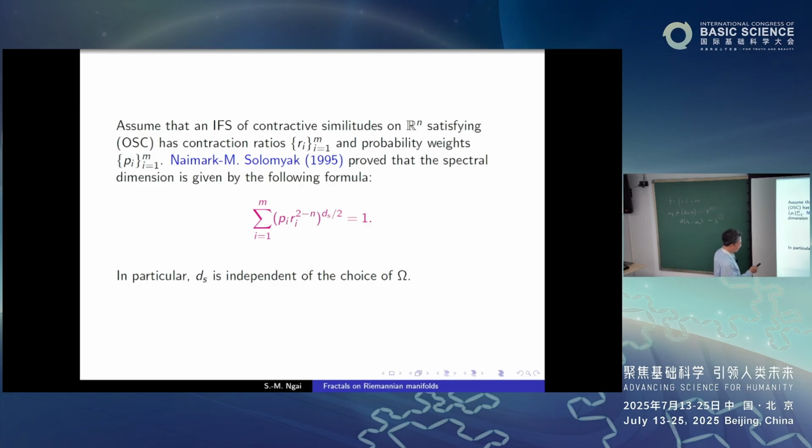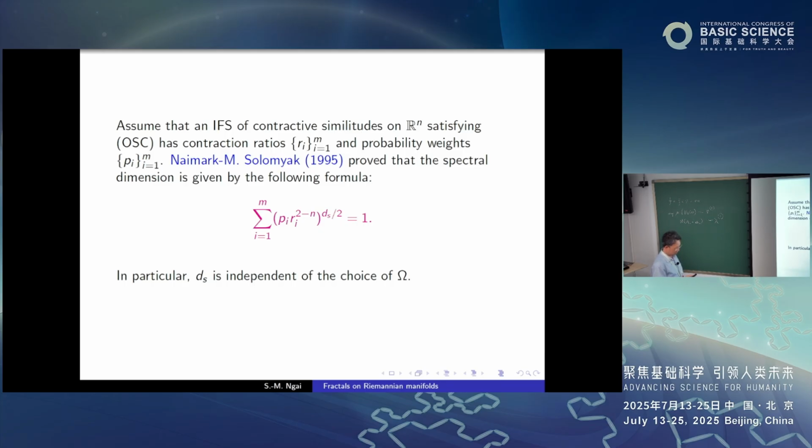This is a result proved about 30 years ago by Naimark and Solomyak. They proved that the spectral dimension is given by this formula under some assumptions. So we have an iterated function system of contractive similitudes, a self-similar set, a self-similar measure, and the open set condition satisfied, with the probability weights and the contraction ratios of the similitudes. So the spectral dimension is given by this simple formula.